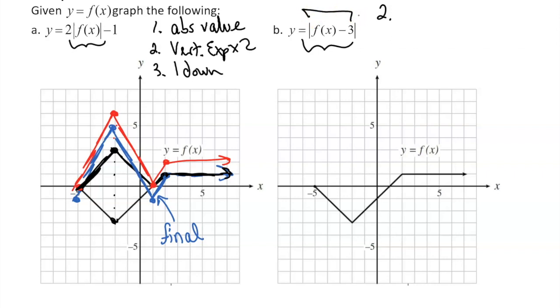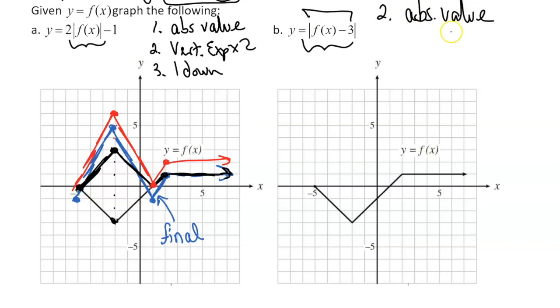So if this is saying f of x subtract 3, that would mean that on its own, y equals f of x subtract 3, we're going down 3. And once that's gone down 3, that's the function that we're taking the absolute value of.